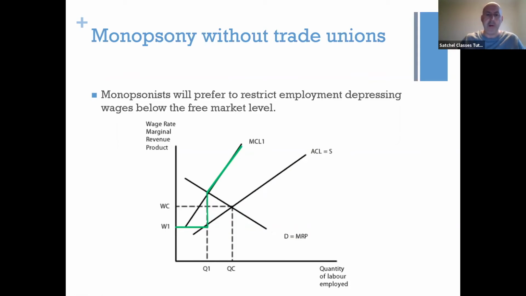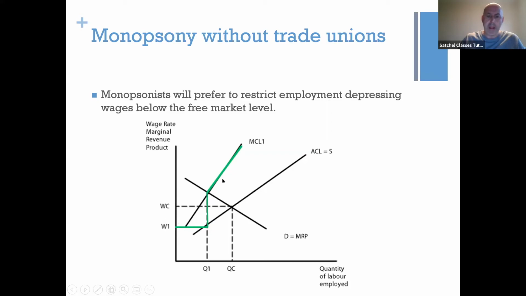It's the cost of employing those extra people. So they will employ down here, because effectively we've got a kinked curve where they will employ at this point, but they have to come down to the average cost for labour curve, and where that crosses is the wage rate they will pay.